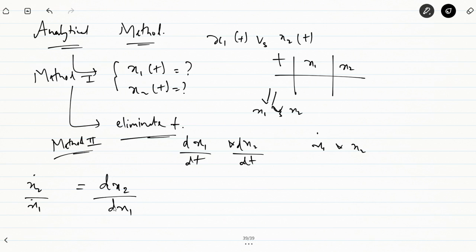So this basically represents now a single differential equation. You had two differential equations, dx1 by dt and dx2 by dt. They were being differentiated with respect to time t. We eliminate the need of time t in here by dividing the two differential equations and obtaining a single differential equation, that's dx2 by dx1.